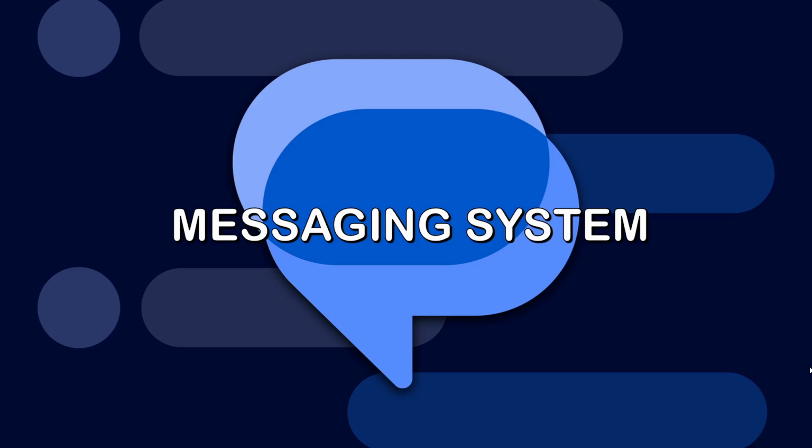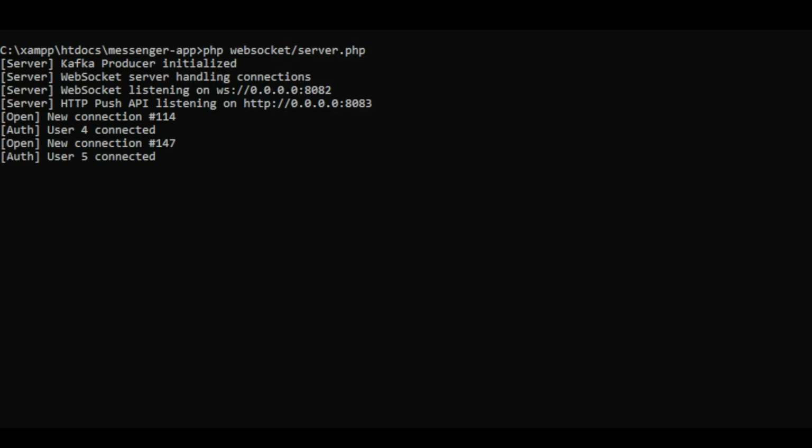To understand our architecture, let's look at the four core pillars of our backend. First, we have our Rocket WebSocket server. This is a persistent PHP process running on an event loop. It holds thousands of open, active connections to our users without timing out.